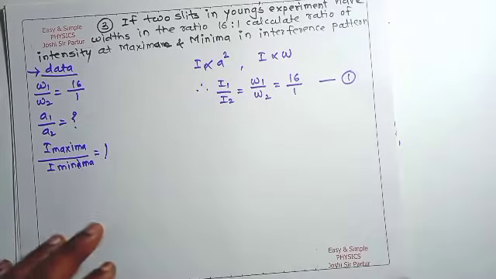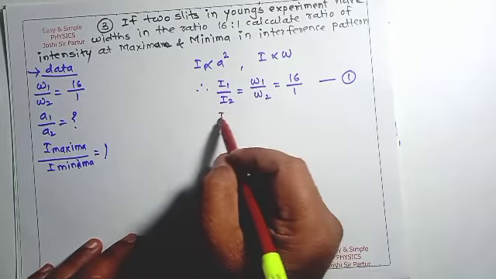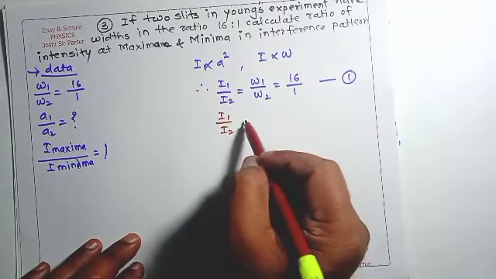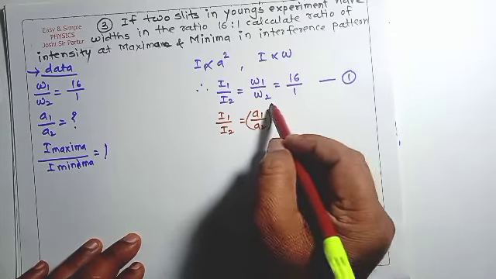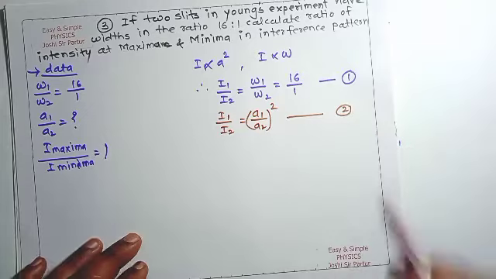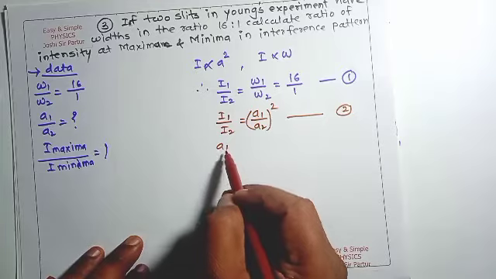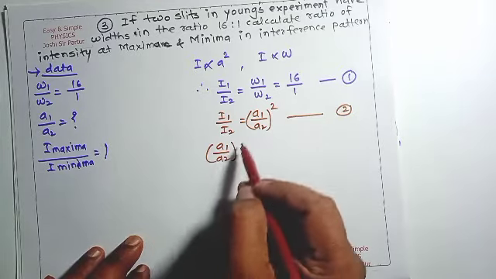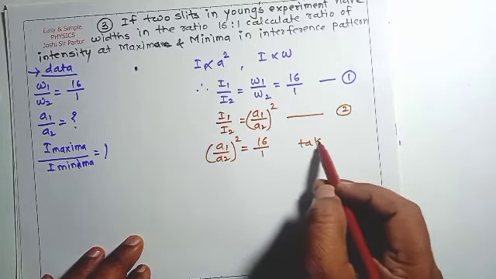Suppose this is equation number 1. Using Malus law, I1 upon I2 is equal to (A1 upon A2) squared, equation 2. By comparing the two equations, we write (A1 upon A2) squared is equal to 16 upon 1. Take the square root on both sides.